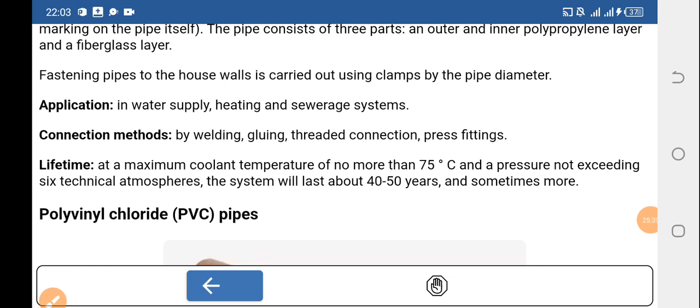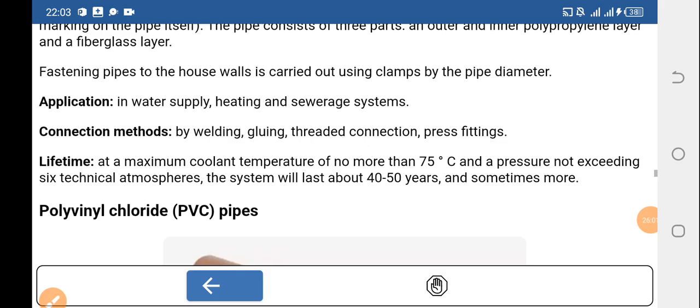Some PPR systems can be glued, and some can be threaded, depending on the fitting that we are using. We have threaded fittings like male adapter, female adapter. Even the pipe itself can be threaded if possible.